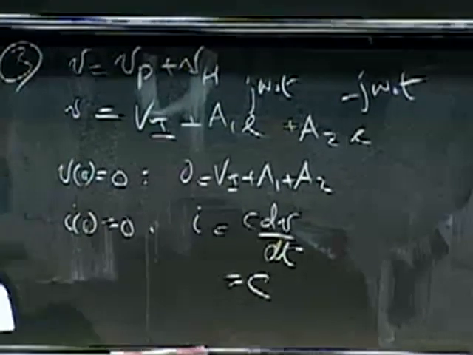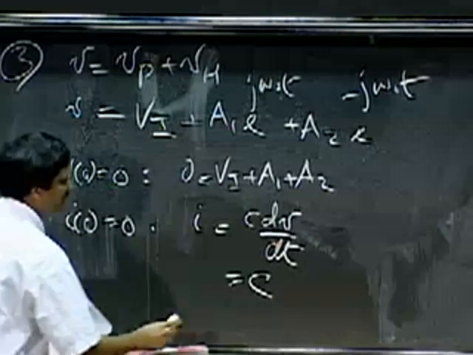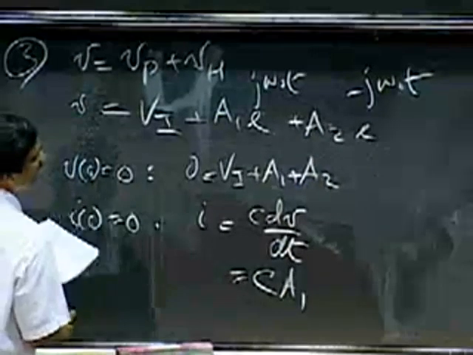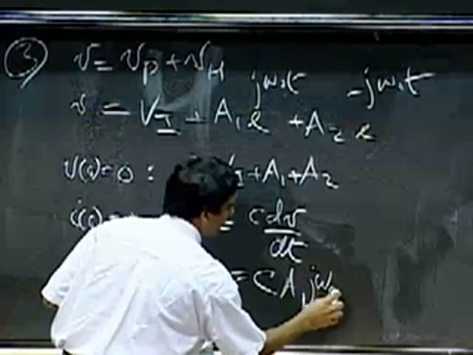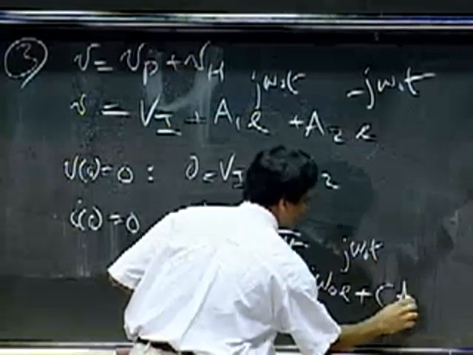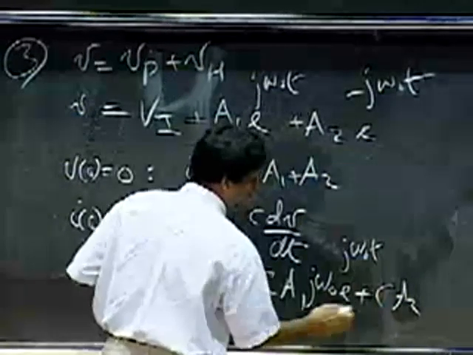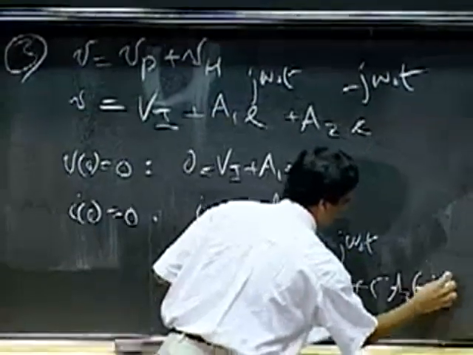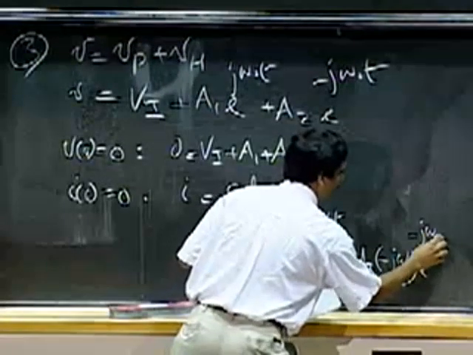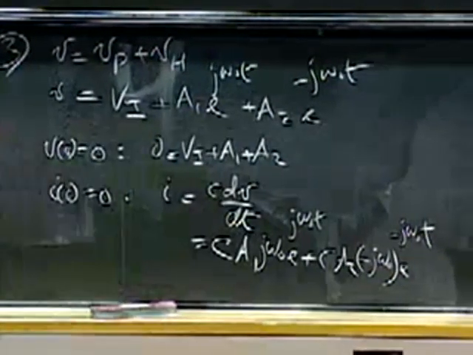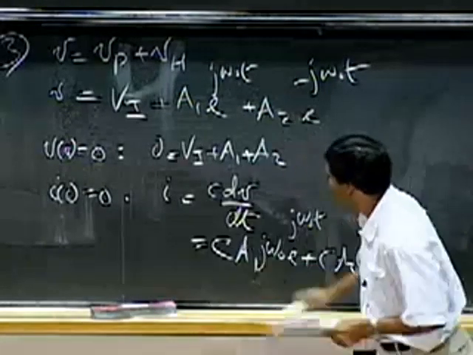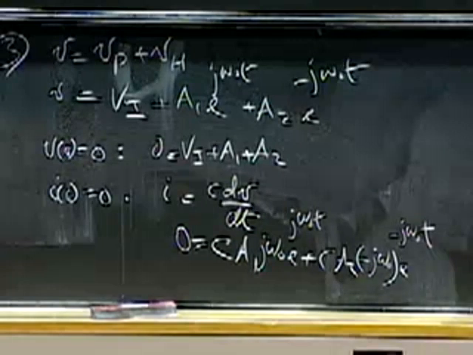So I get C, this guy vanishes, so I get d by dt of this. So it's C A1 j omega naught e to the j omega naught t plus C A2 minus j omega naught e to the minus j omega naught t.